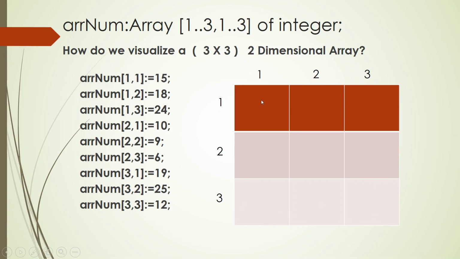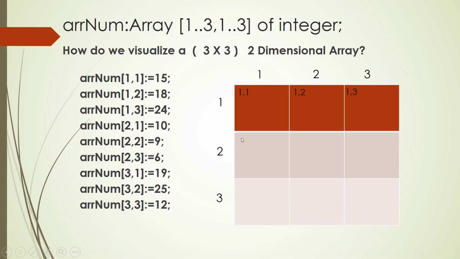How do I index each cell of the array? So the first cell is always going to be starting with the row followed by the column. So this cell is in row 1, column 1. So that's going to be 1, 1. This is going to be row 1, column 2. And this is going to be row 1, column 3.